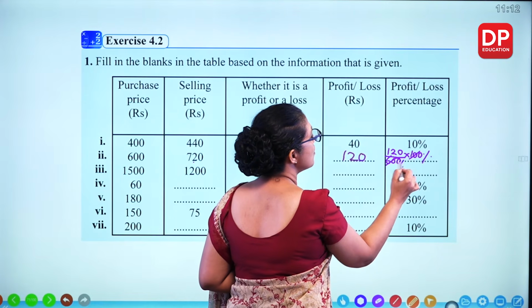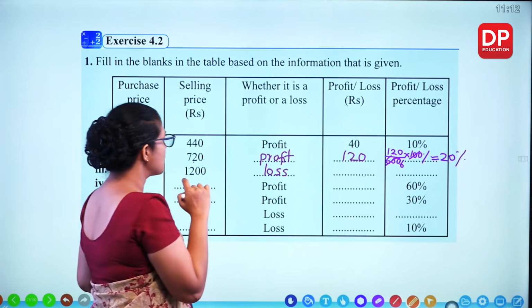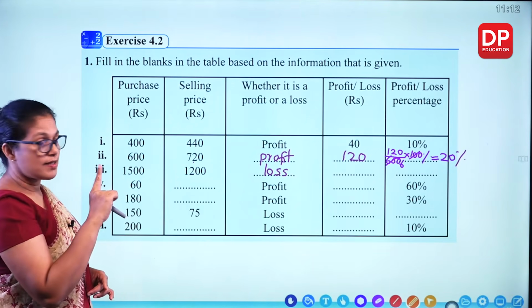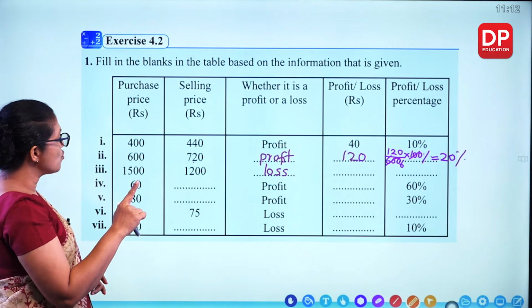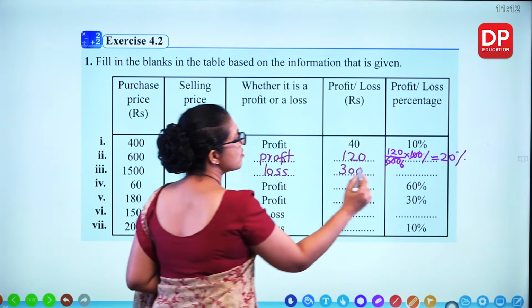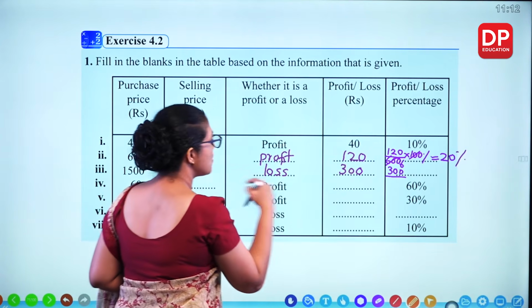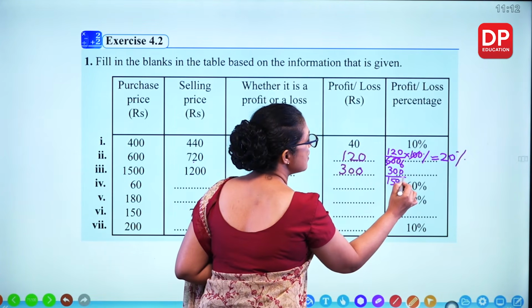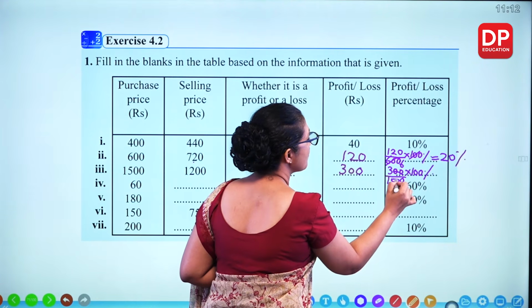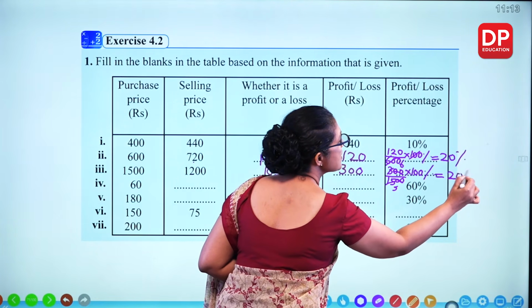So 20%. Next one. This is loss. What's the difference? 1,500 minus 1,200. That's 300 rupees. So loss of 300 for 1,500 into 100. You get 20%.